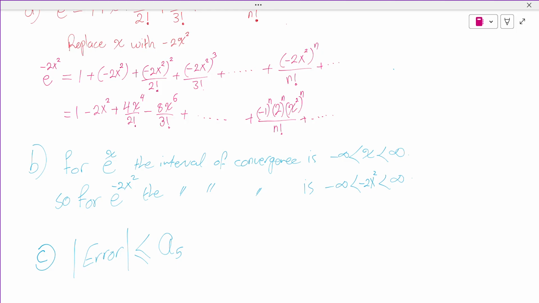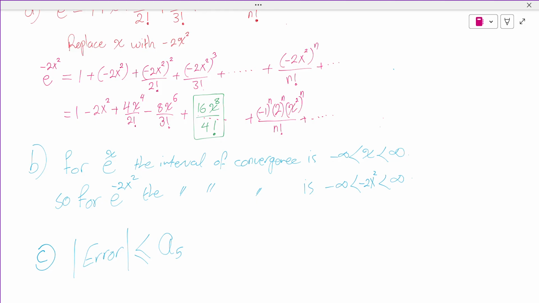So here, if I ask you what is the A sub 5, okay, what comes next? Here, to use it in part C, what comes next? 2, 4, 8, so it will be what? 16. 16 x to the power of 8 over 4 factorial.